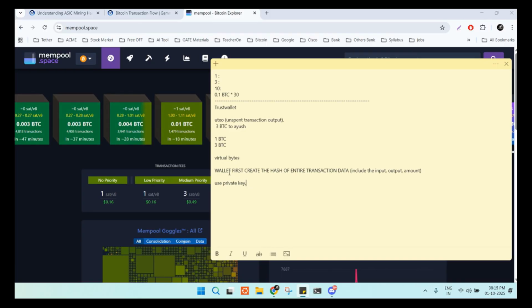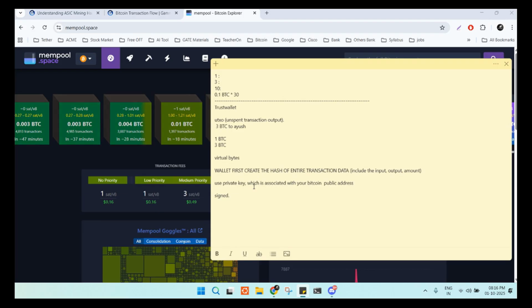Once you connect it, the wallet will send this entire transaction and the hardware will use the private key associated with your Bitcoin address, which is called the public address, and the whole thing will get signed.